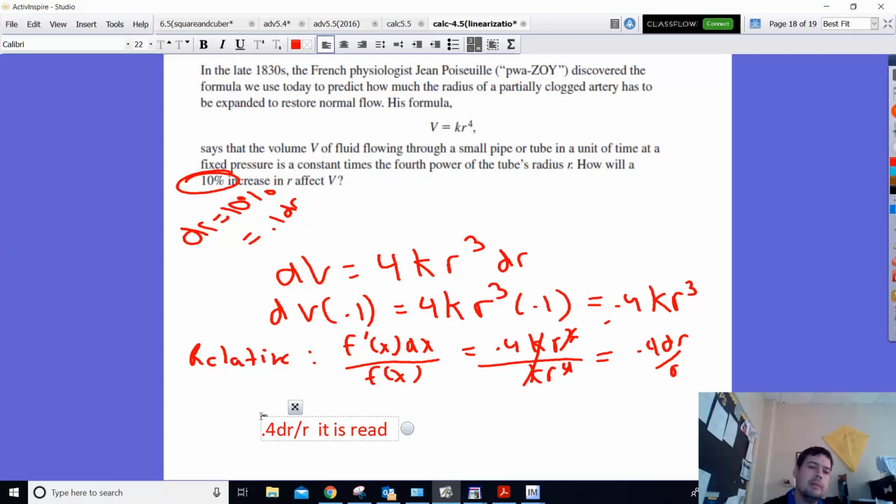Maybe better as a fraction, maybe? The change in volume. Well, let me talk about dr over r. dr over r is read change in r with respect to r.